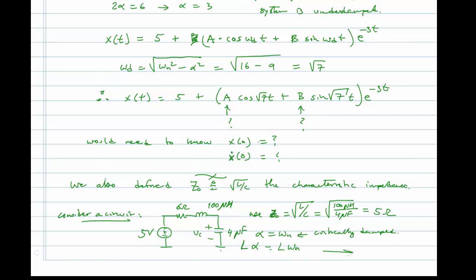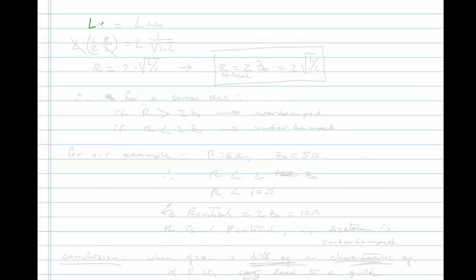Let me go to the next page here. So I have L alpha equal to L omega n. Well, alpha is 1/2 of R over L, right? And omega n is 1 over square root of LC.